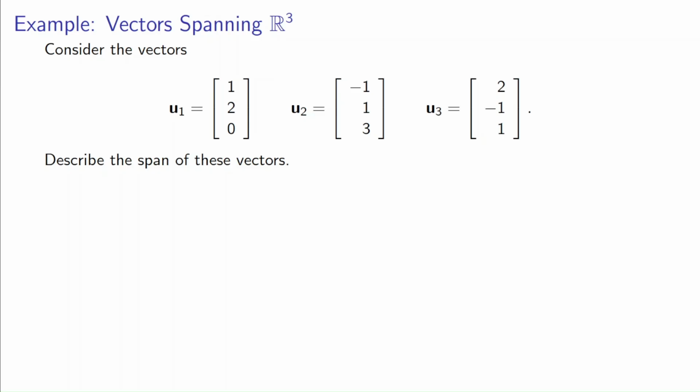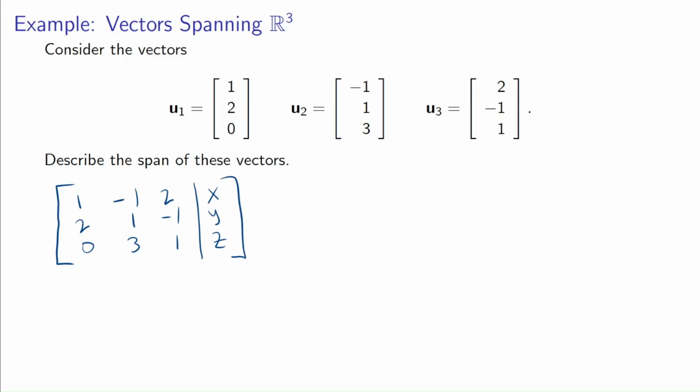Let's look at one more example of a different set of vectors, u1, u2, and u3. We're back to the question of just describing the span. So if we set this up, these are different vectors now, and we augment that with an x, y, z vector to describe the span.